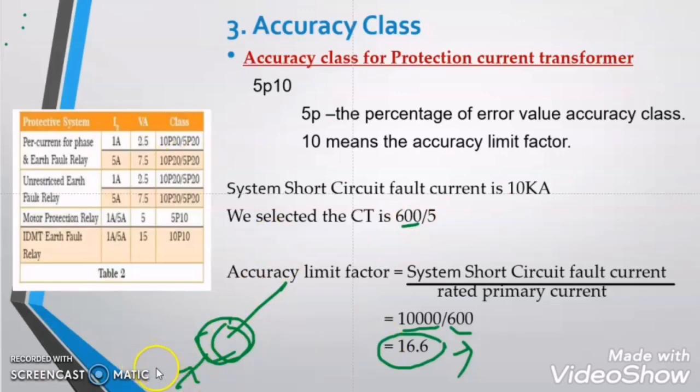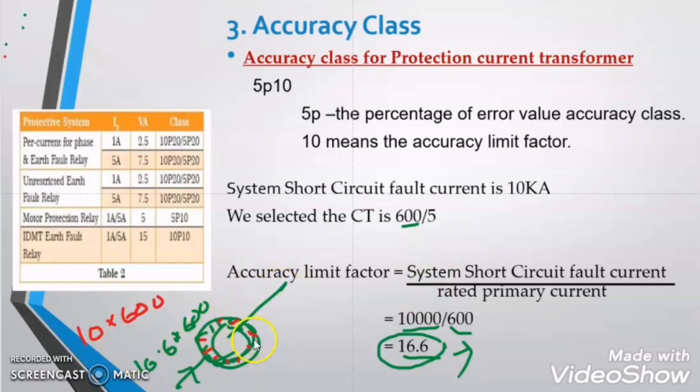It means that when 16.6 times the primary current, which is 600 ampere, is flowing through the primary winding of the CT, the core of the CT will not saturate, and it will saturate after 16.6 times the primary rated current. Suppose the core of the protection type current transformer gets saturated when there is 10 times more than the rated current during fault condition.